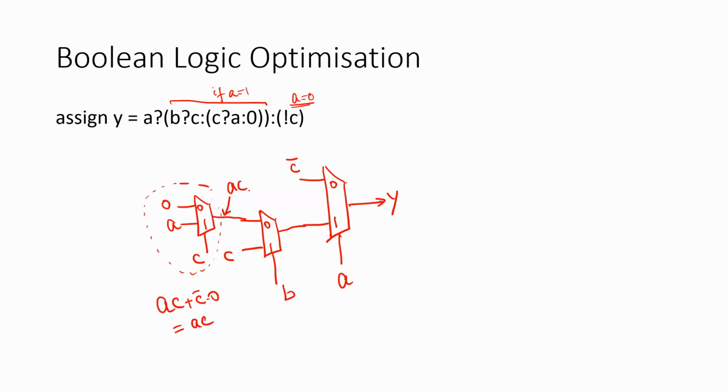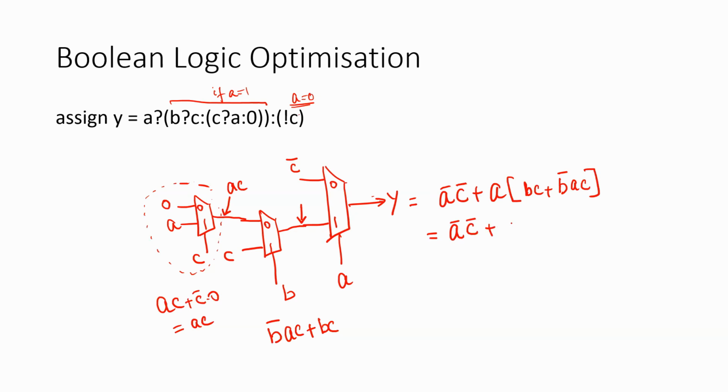Now the output of this mux is going to be B bar AC plus B times C, that's the equation of the 2-to-1 mux, correct? And now what is the output Y? Now Y is going to be A bar C bar plus A times (BC plus B bar AC).